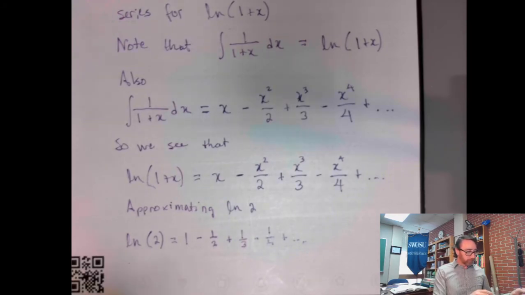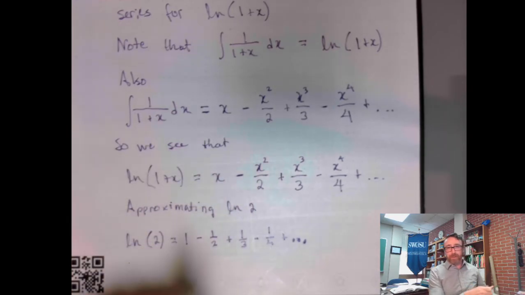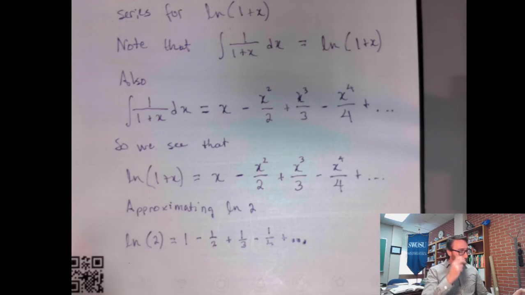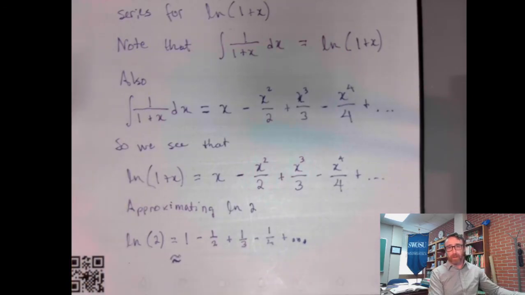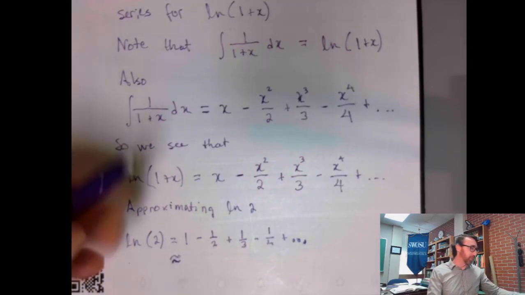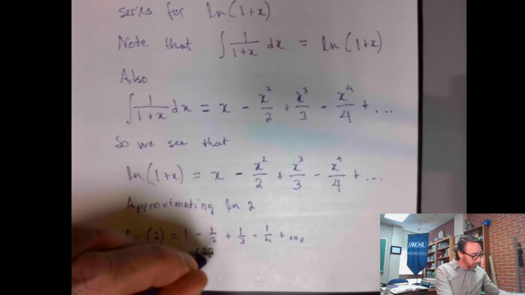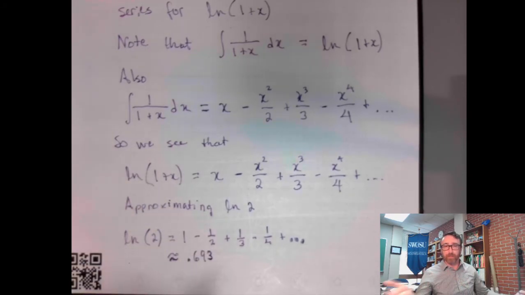The more terms we take, the more accurate the approximation will be. We can write a program later on in the course. We'll show how to write a very easy program in Python to get the first couple of decimal places if we want.